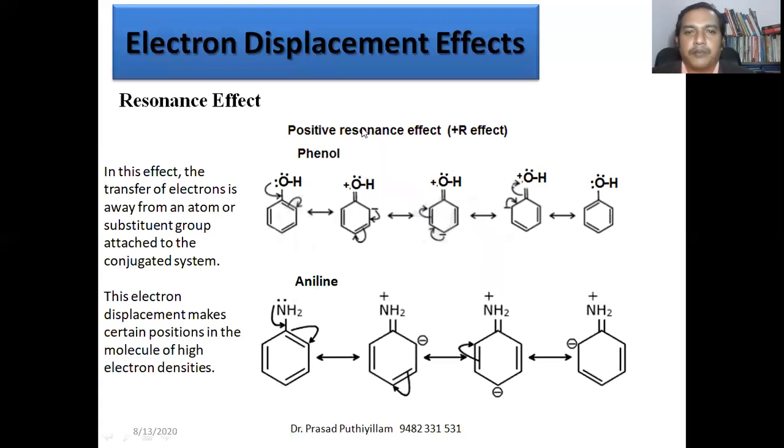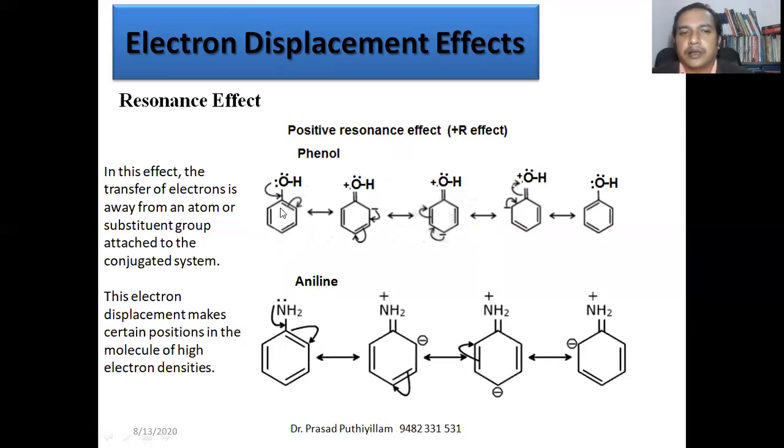So you can say that plus R effect and minus R effect examples will be given. Here, plus R effect examples are given. Phenol as well as aniline both show plus resonance effect. In this effect, the transfer of electrons is away from the atom or substituent group attached to the conjugated system.